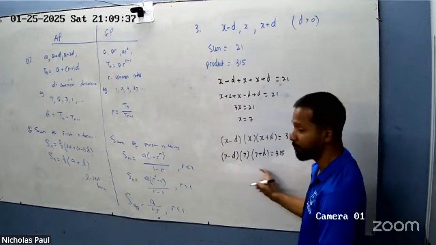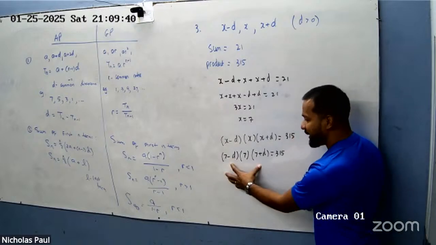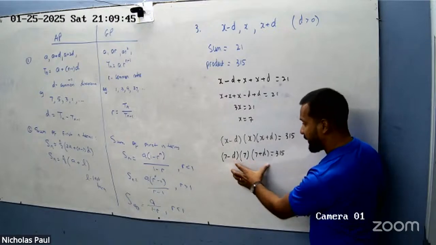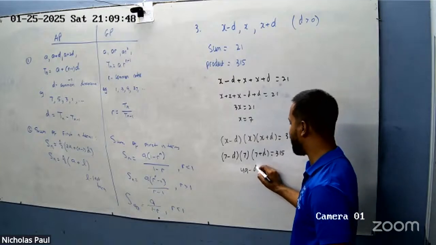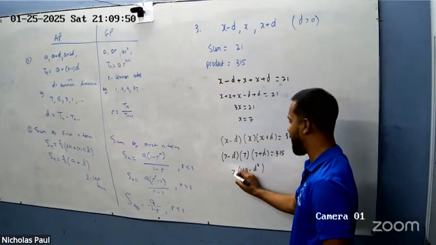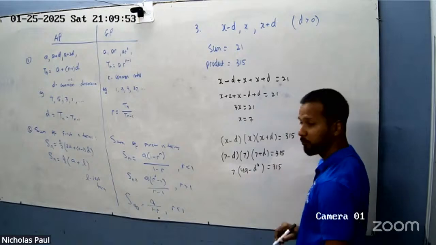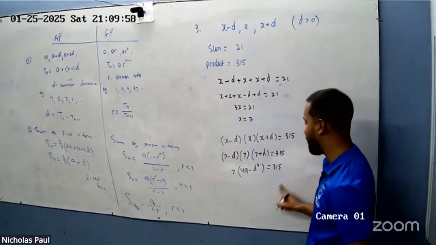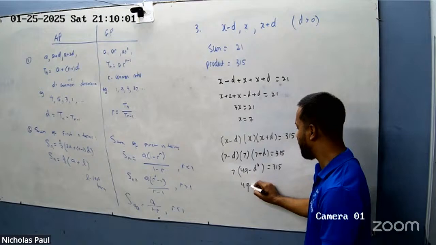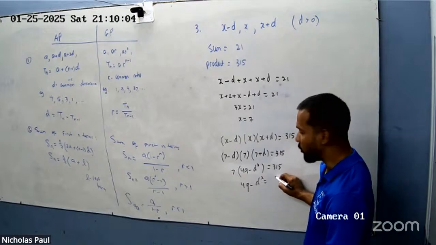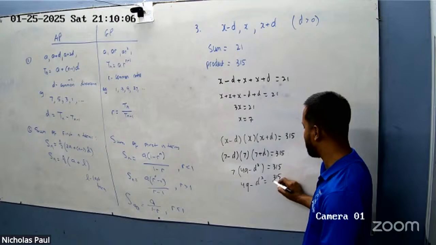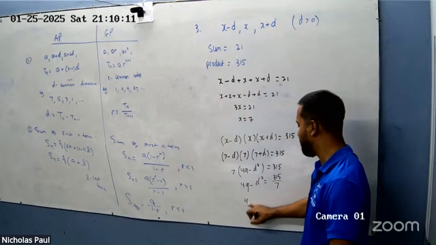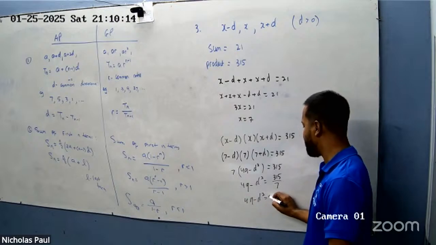These two are a difference of two squares, so you get 49 minus d squared, then multiply that by 7. Bring the 7 to this side. What is 315 divided by 7? 45. So 49 minus d squared is 45.